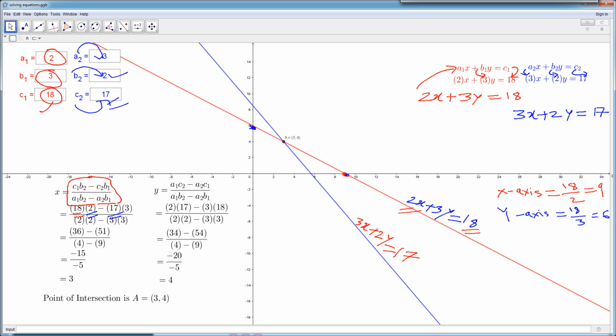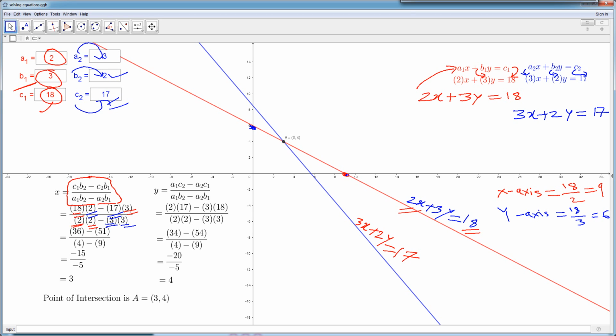Value of b1 is 3, this value is substituted here. Then value of a1 is 2, it is substituted here. Value of b2 is 2, again it is substituted here. Value of a2 is 3 and value of b1 is 3. Okay.